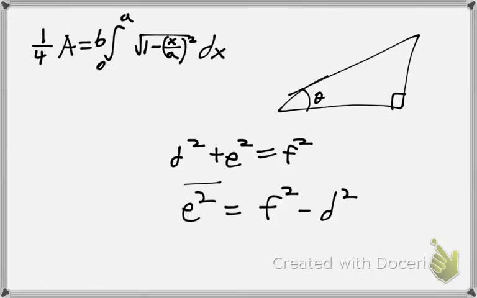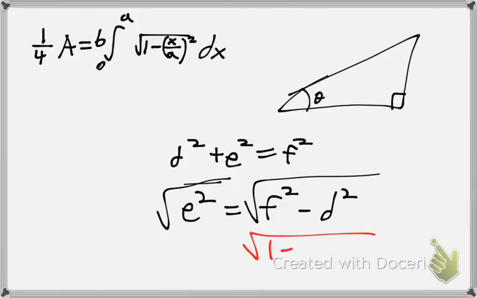And if we take the root of that, we'll find that this is very similar to what we have in our integral, which is 1 minus x over a squared, since 1 can be squared.